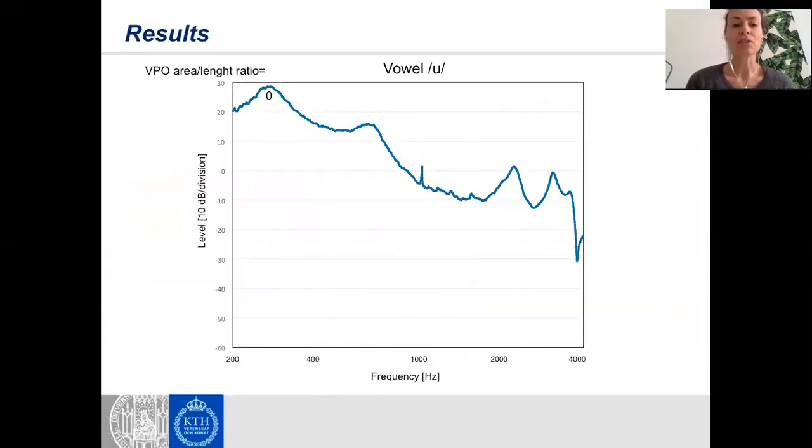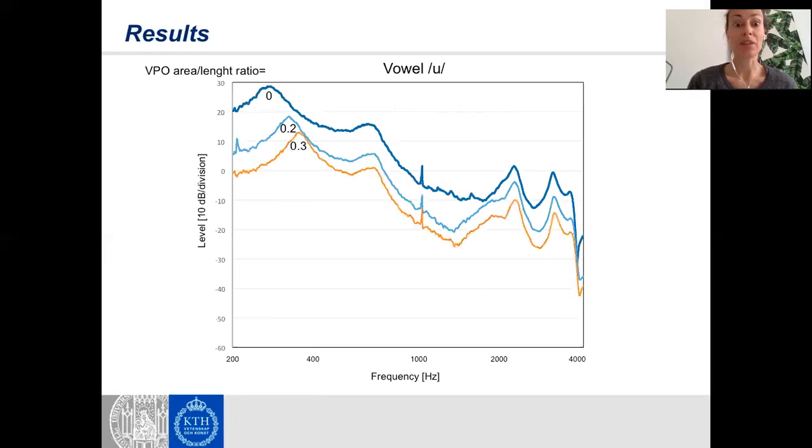So let's have a closer look at the U. And you can see the situation of closed velopharyngeal port here. So the area to length ratio in this case is 0. So this is the vocal tract of the vowel U in isolation. And let's have a look at what happens when we attach a very narrow VPO tube to this.